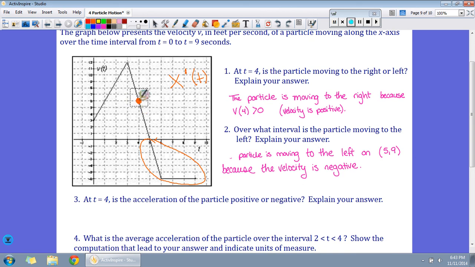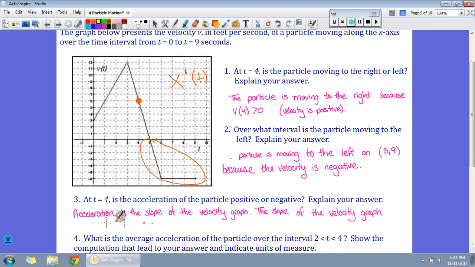Back to t equals 4, is the acceleration of the particle positive or negative? Remember that acceleration is the slope of velocity, and the slope of this function of velocity right now, at 4, is negative. So, since acceleration is the slope of the velocity graph, and the slope of the velocity graph at 4 is negative, that means that our acceleration is negative.